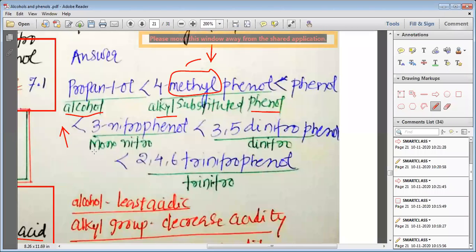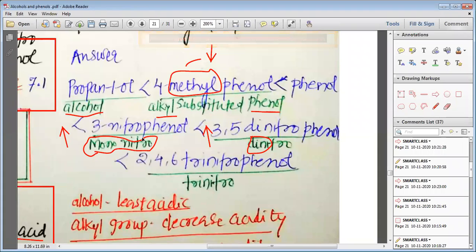When only one nitro group is present, it is more acidic than phenol itself. But when we have dinitro, that means two nitro groups, again the acidity is increased, and that is why 3,5-dinitrophenol is more acidic than only 3-nitrophenol.